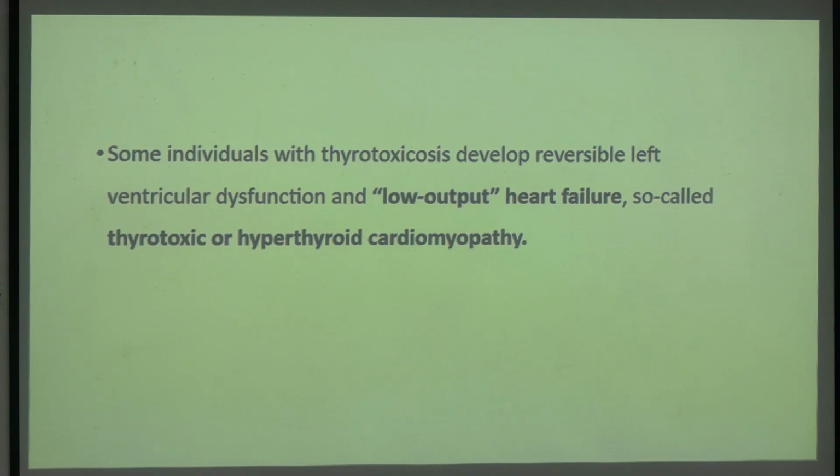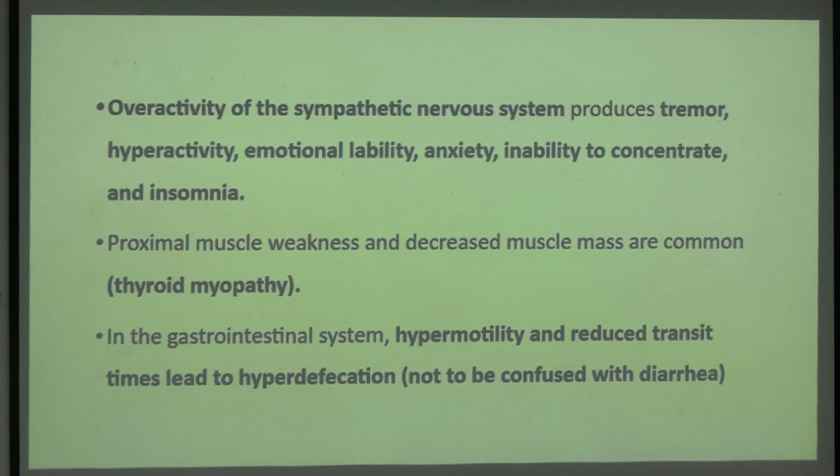Some individuals with thyrotoxicosis develop reversible left ventricular dysfunction and low output heart failure, so-called thyrotoxic or hyperthyroid cardiomyopathy. Then overactivity of the sympathetic nervous system produces tremor, hyperactivity, emotional lability, anxiety, inability to concentrate, and insomnia.